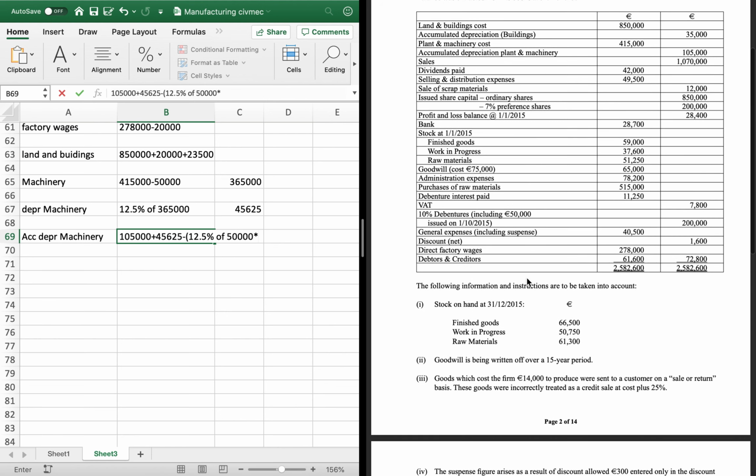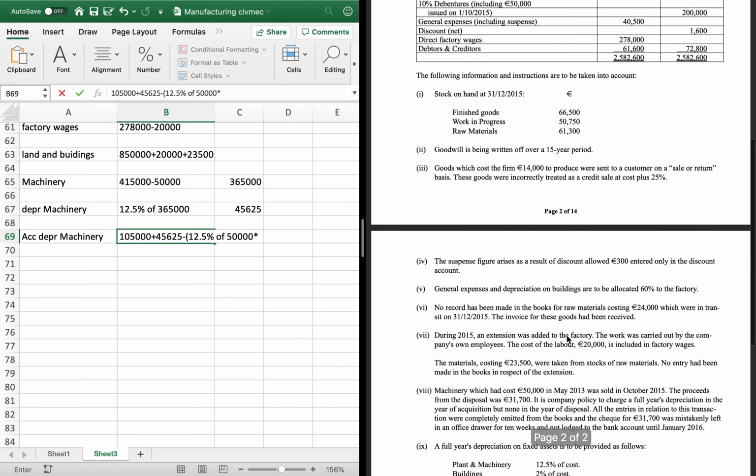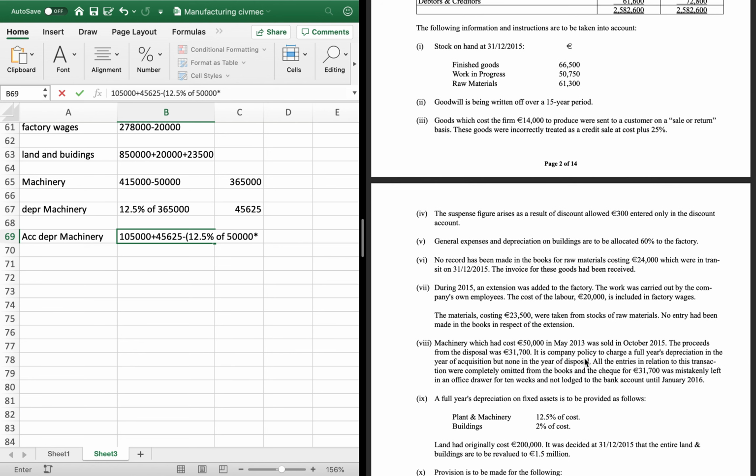Now, because you're depreciating a full year in the year of purchase and none in the year of disposal, it's always full year. So 12 months, 24, 36, 48. So anytime it's given like that, it has to be multiples of 12. So in this case, you bought the van in May 2013. So that's a full year 2013, a full year in 2014, and then nothing in 2015.